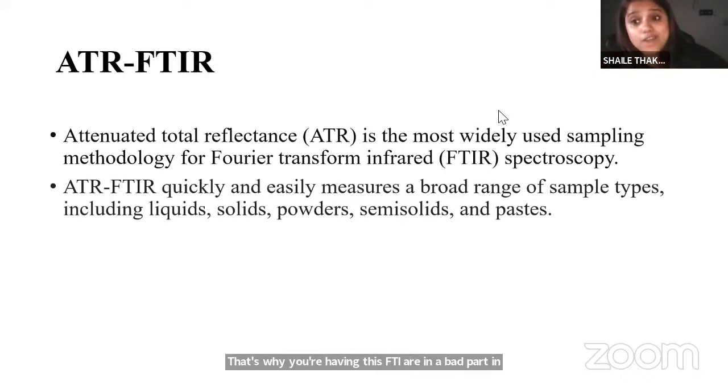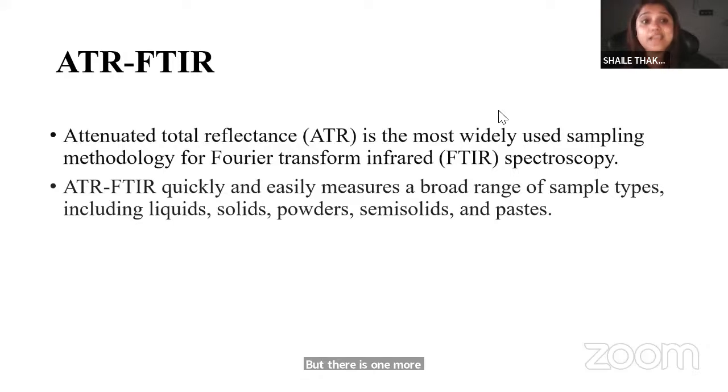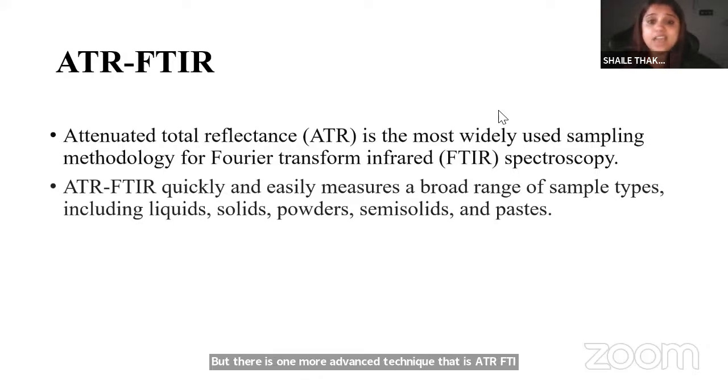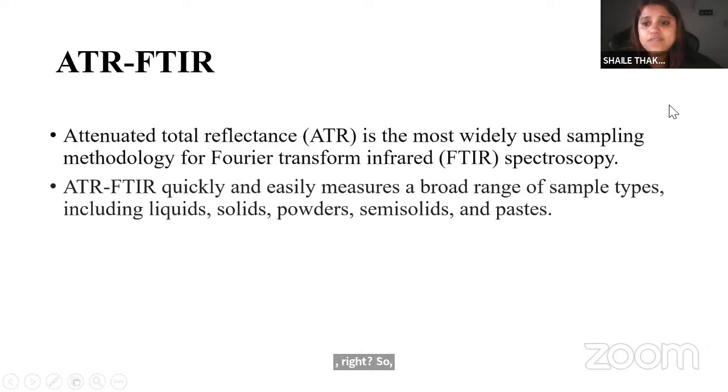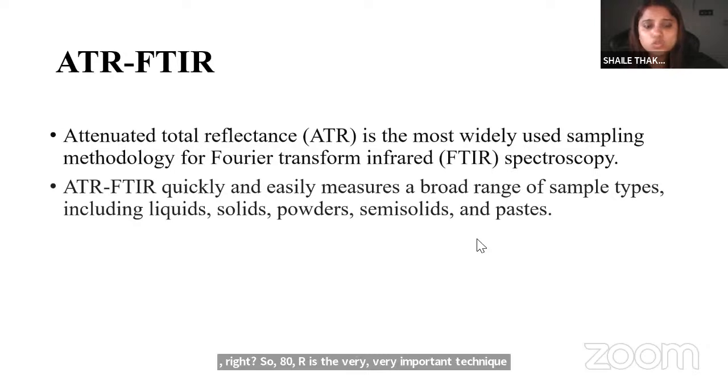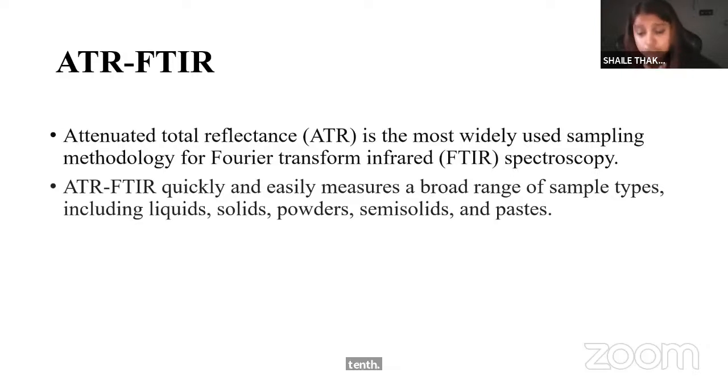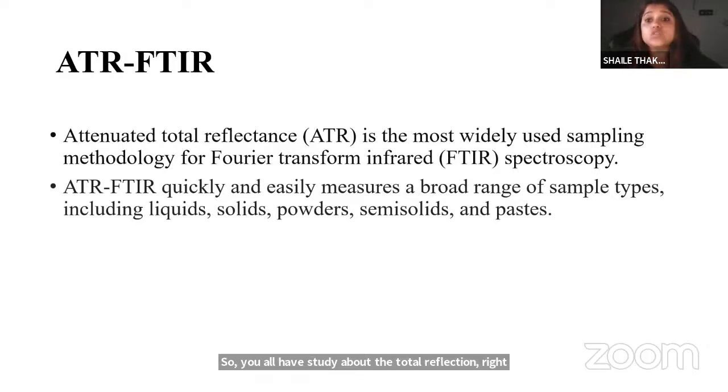But there is one more advanced technique, that is ATR FTIR, right? ATR FTIR is a very important technique of IR spectroscopy, that is attenuated total reflectance. You all have studied total reflection, right? This ATR FTIR is a type of magical instrument in which you do not have to go for sample preparation most of the time.